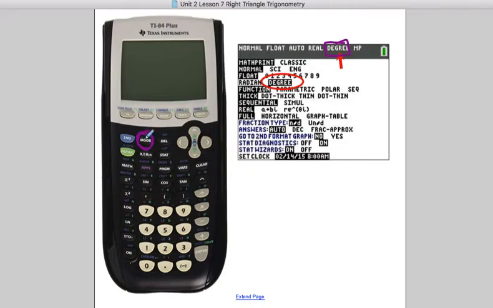The way you change it is you hit mode and then you go down and over and make sure that degree is highlighted, has that black box around it, and then hit enter on it. Then in order to get out of this screen, you're going to click second and then mode, because the button quit is right above mode. So second and then mode. And then you'll be back to your home screen. So make sure you are in degree mode.